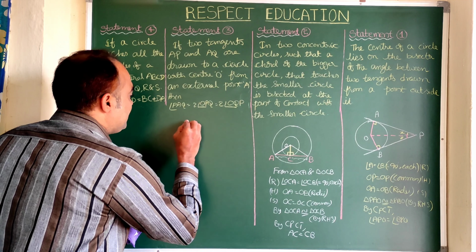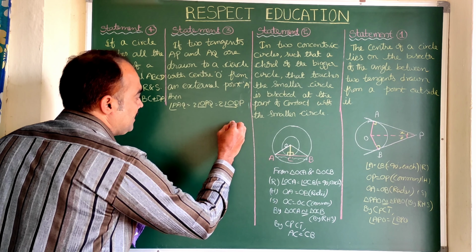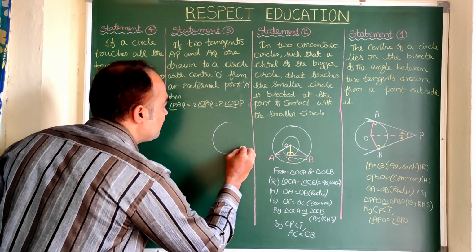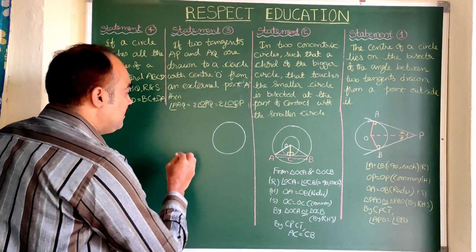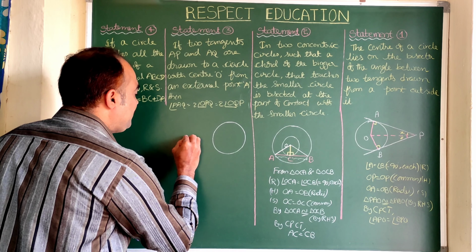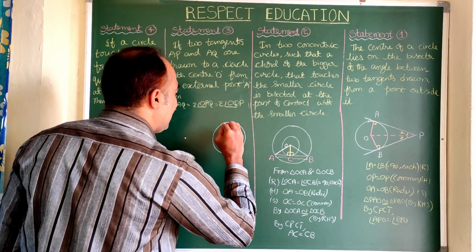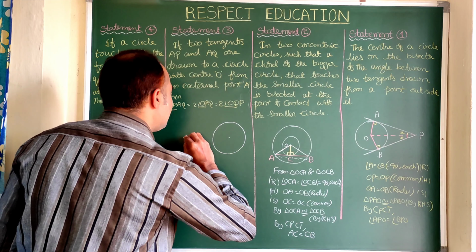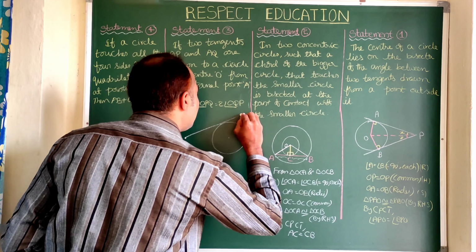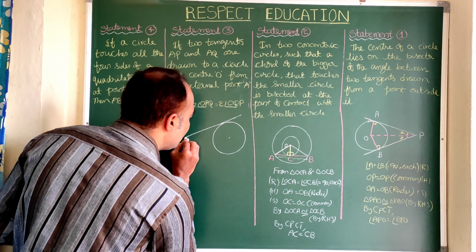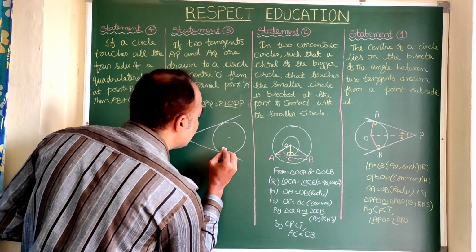Here let us consider a circle, and let us consider an external point, name it as A. From A let us draw two tangents. This is tangent 1 and this is tangent 2.